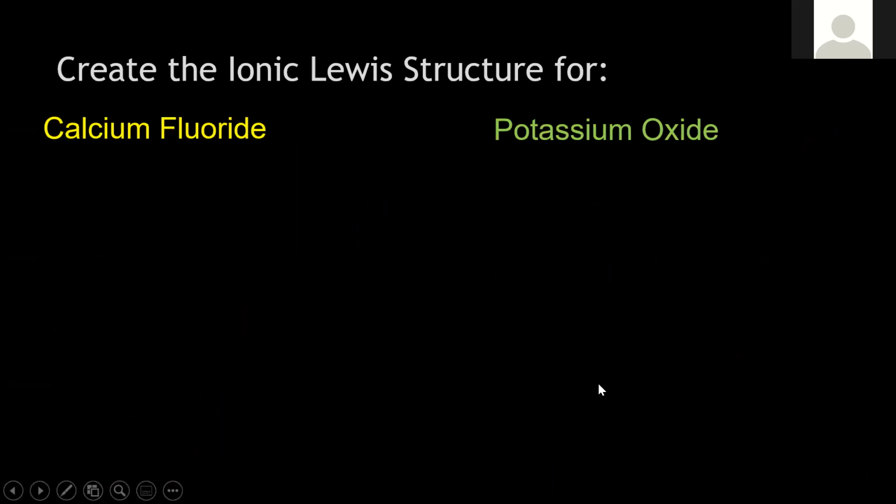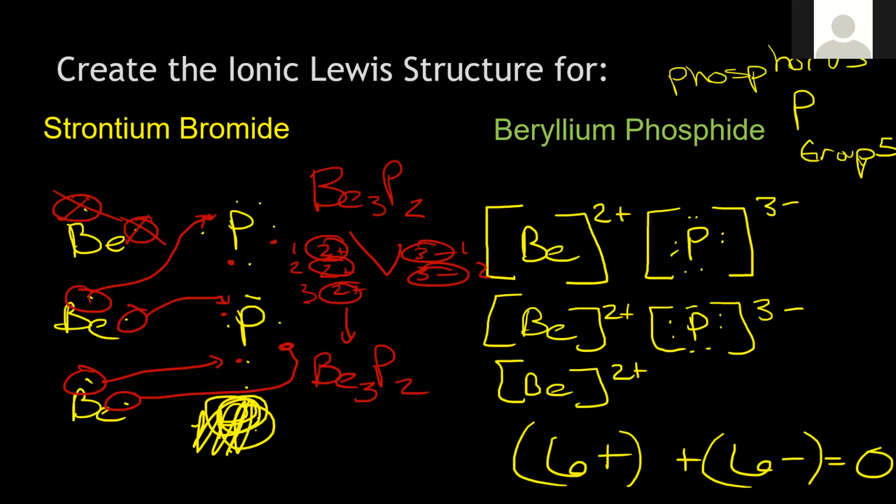Yeah, but can you go back to that and like how would you write that out? Like would you just say Be2 plus Be2 plus Be2 plus and then P3 negative and then P3 negative again? Yep. So if I asked you to write the chemical formula, that's what this is.